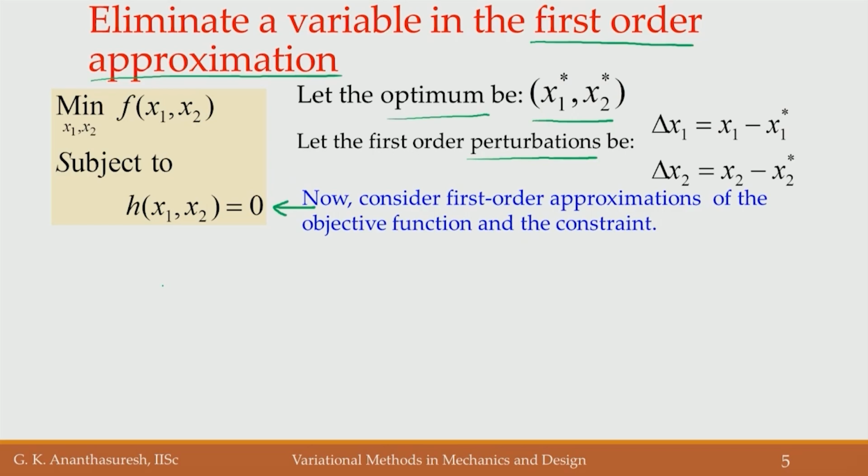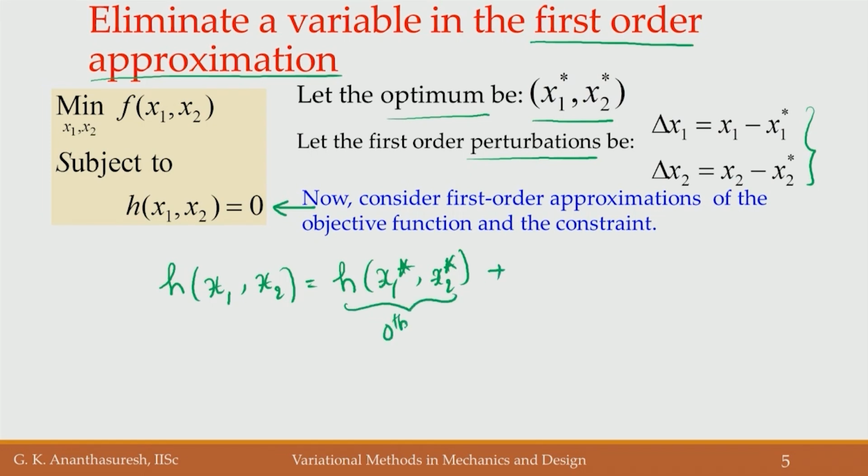How do we do that? If I have h, let us say I want to do it at x1 and x2, which are given by this, then it will be whatever h is at x1 star, x2 star. This is the 0th order term, right. Then there will be a first order term. So, we have to perturb it by this much. Then what we say is the partial derivative of h with respect to x1, evaluated at x1 star, x2 star.